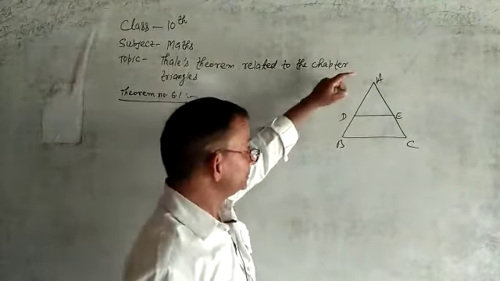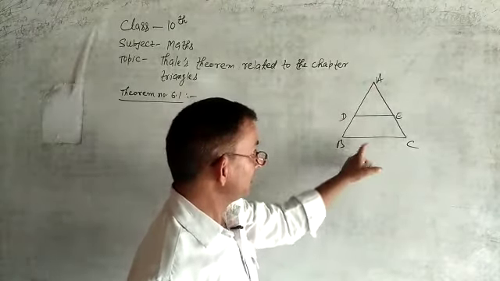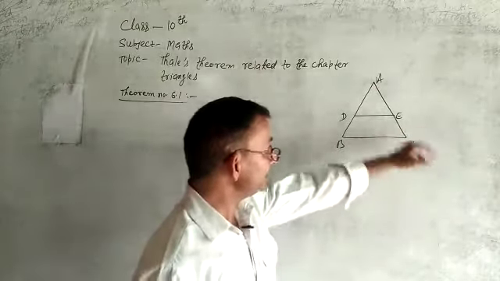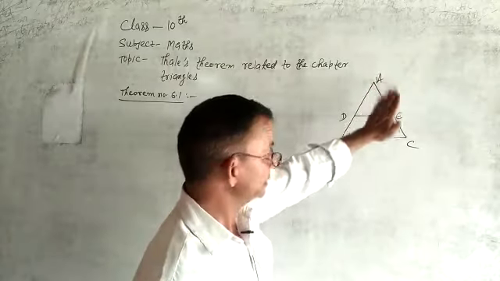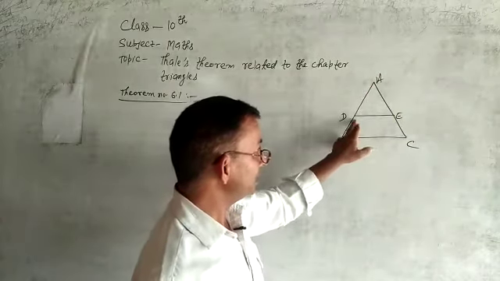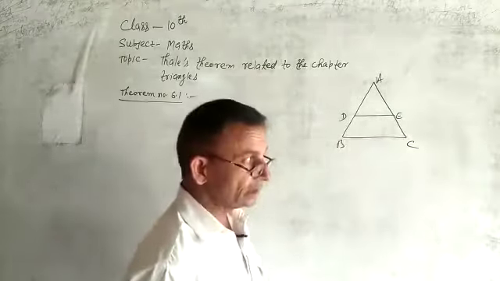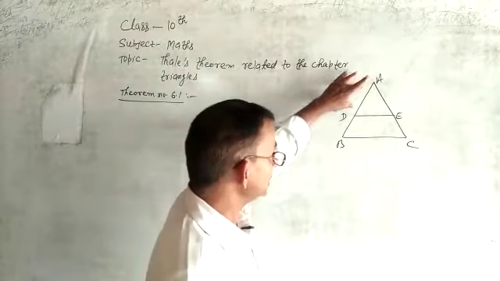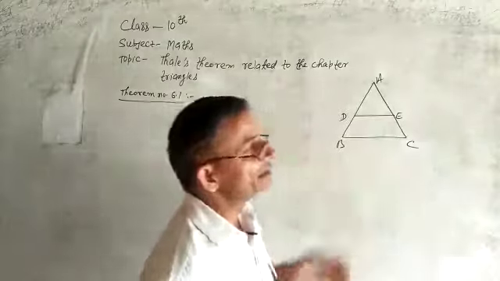Let D be a point on AB and E a point on AC such that DE is parallel to BC. In triangle ABC, DE is a line segment parallel to BC. We have to prove that AD upon DB is equal to AE upon EC.